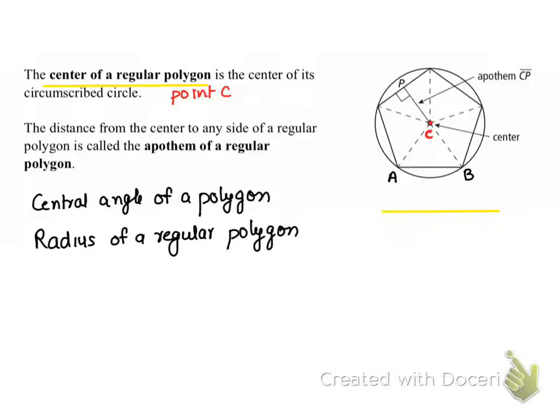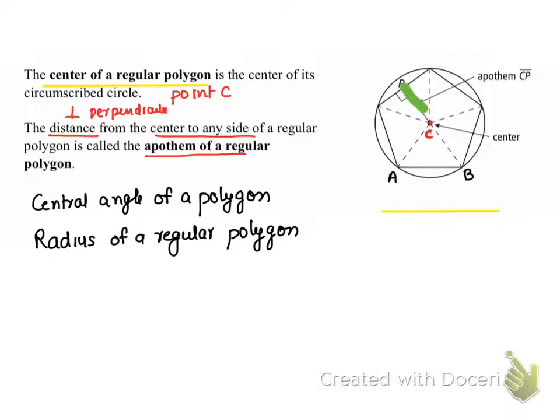All right, then there is another definition that's called apothem of a regular polygon. That's basically the distance from center to any side. And when we say distance, it means it's a perpendicular distance. So in this case, for the perpendicular distance, let me make it a little thinner.